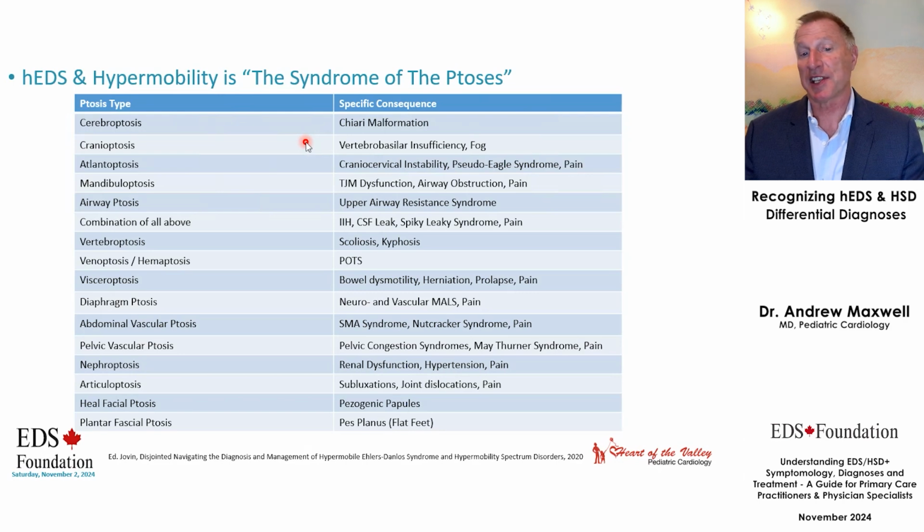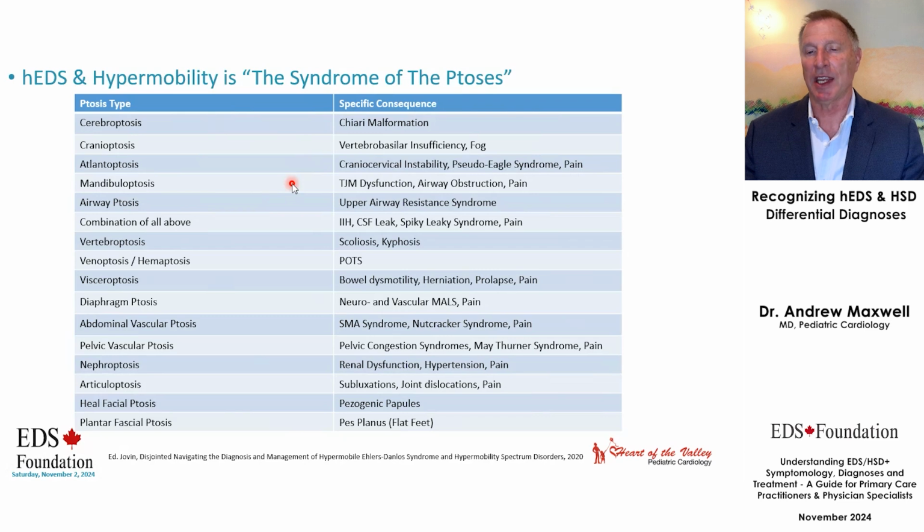Cranioptosis, settling of the skull on the vertebrae, creates vertebrobasilar insufficiency, oftentimes showing up as brain fog. Atlantoptosis, so slipping forward of C1, creating craniocervical instability, and what I call pseudo-Eagle syndrome, often resulting in a lot of pain and other symptoms.